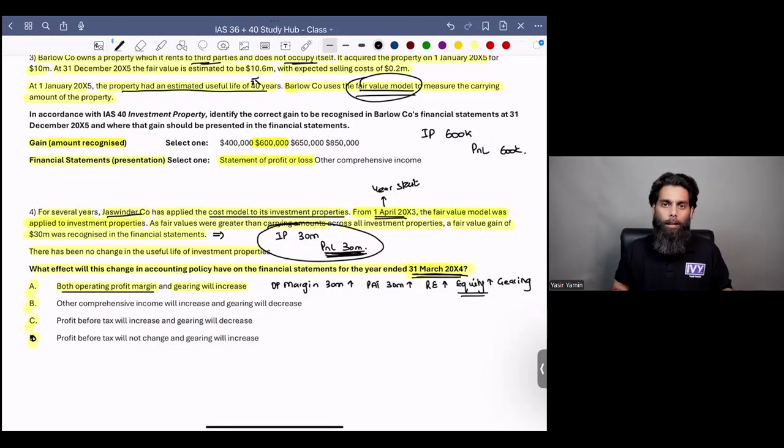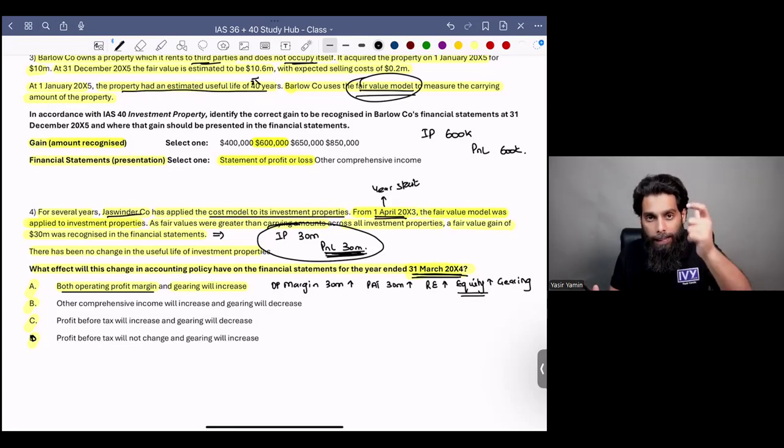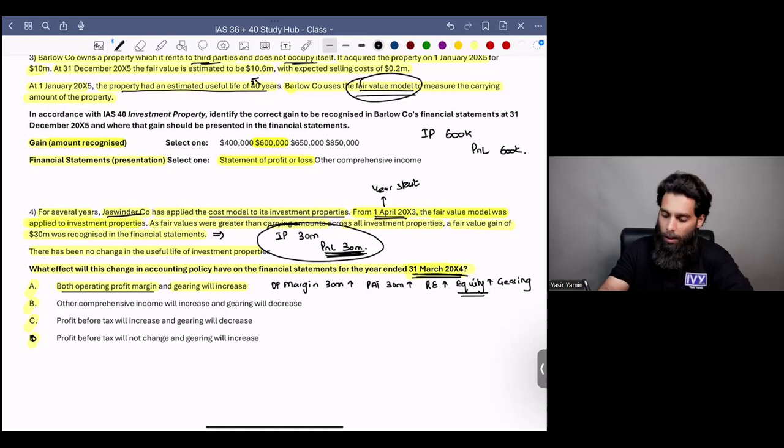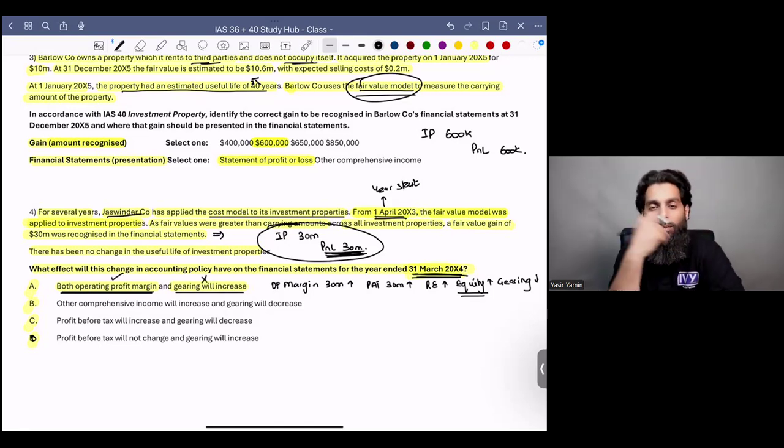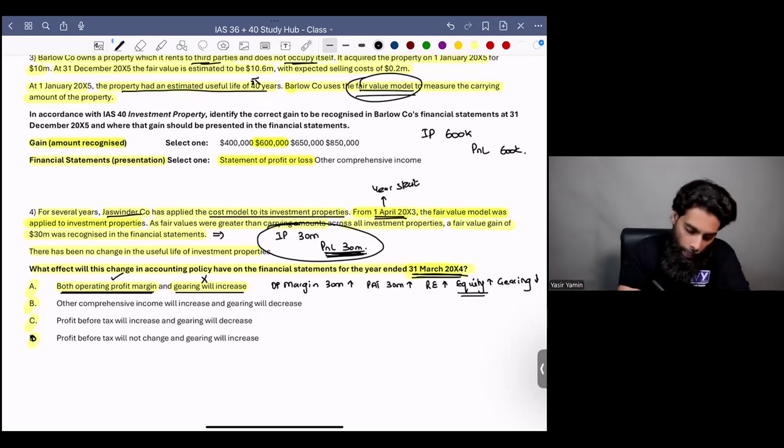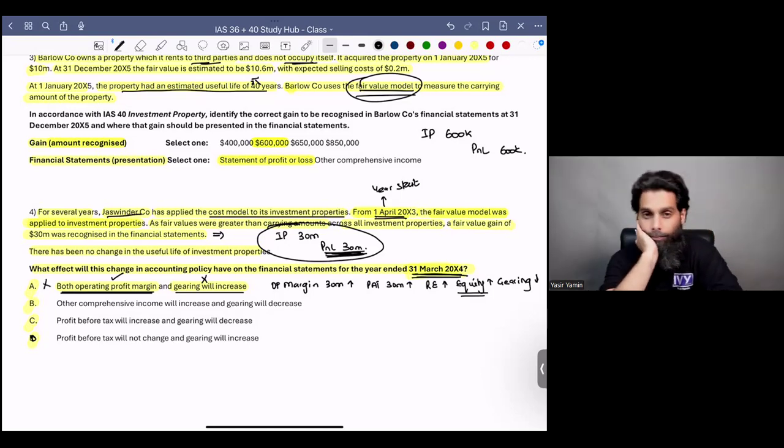Technically speaking, if equity increases, debt as a proportion of total capital structure will fall, obviously. So gearing will decrease. Now they are saying both operating profit margin and gearing will increase. This is partially correct, but partially incorrect as well. Do you all agree? So A cannot be the option.